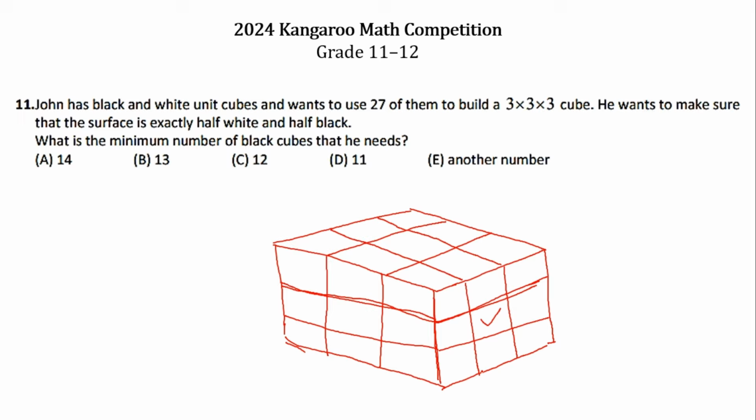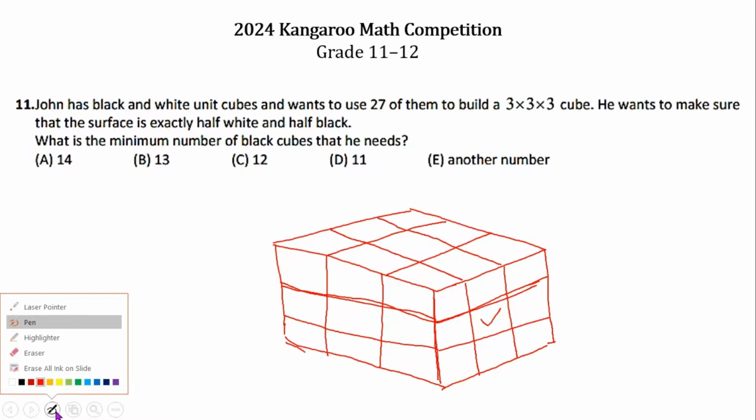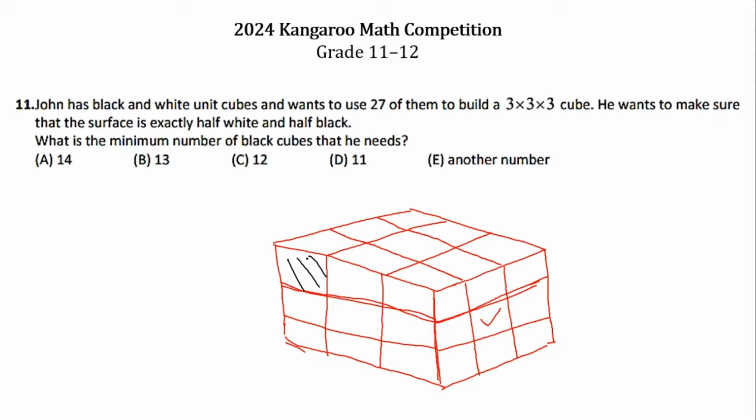So we must choose the corner cubes instead of the center cubes in one face. Okay, so let's color the corner cubes with black just to illustrate and to track the process.